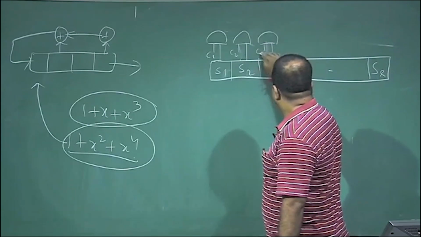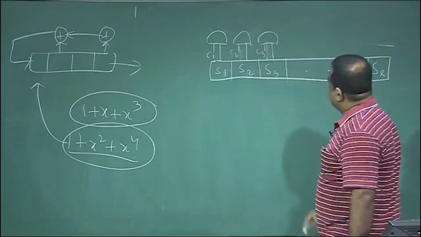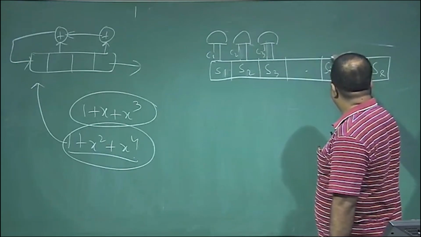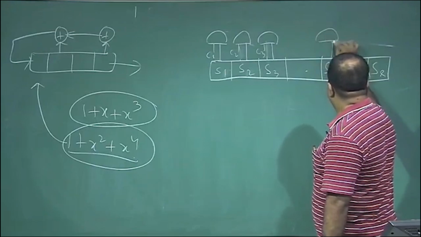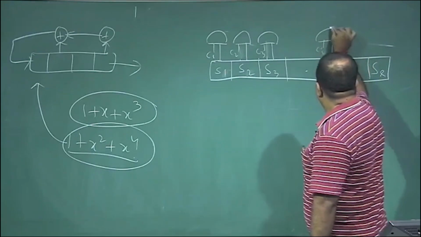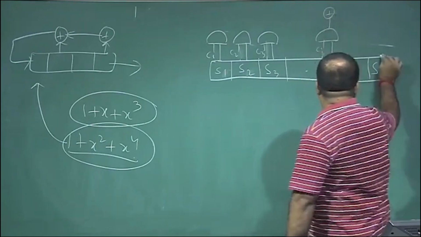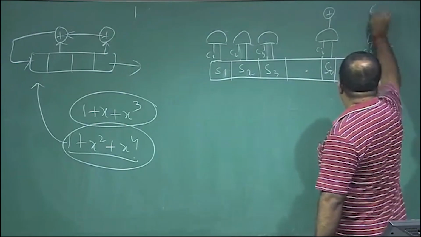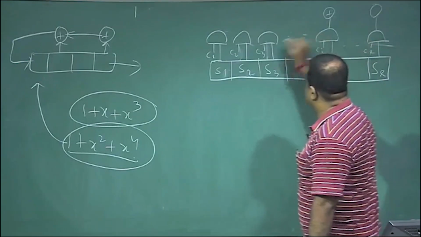So, we will have C3 like this, and then for the ith state we have Ci. And for all of these we have C1, C2, ... CL.